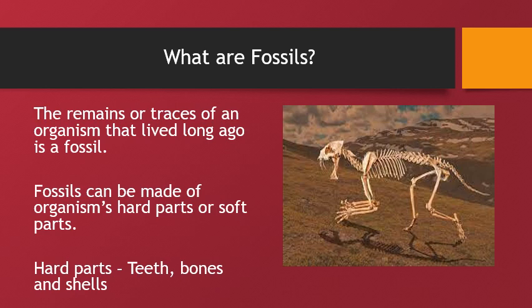Fossils can be made of an organism's hard parts or soft parts. The hard parts are usually teeth, bones, and shells, which in the future become fossils. For example, you can see over here the picture of a dinosaur which has turned into a fossil.